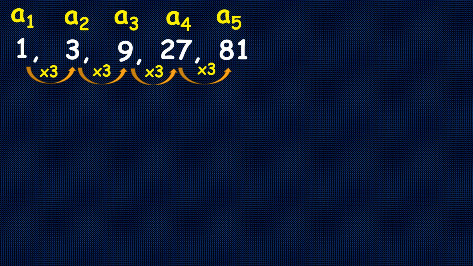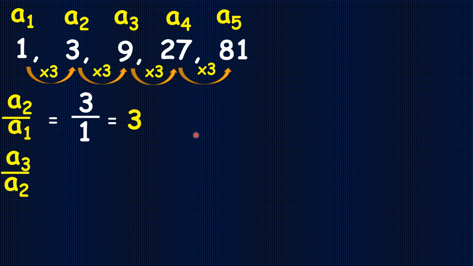Now, we have the first term, A1, which is 1, and the second term, A2, which is 3. Let's see whether there's a relationship between A1 and A2. So let's say A2 divided by A1. A2 being 3 and A1 being 1, we have 3 divided by 1, which gives us 3.